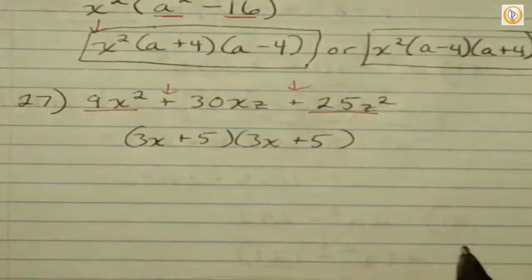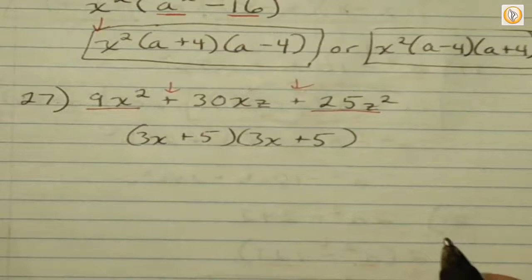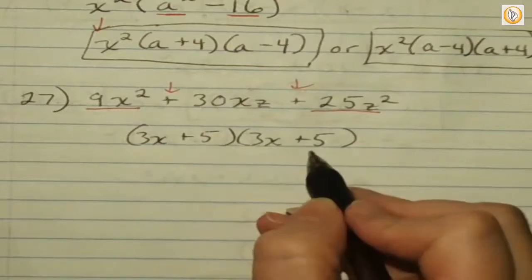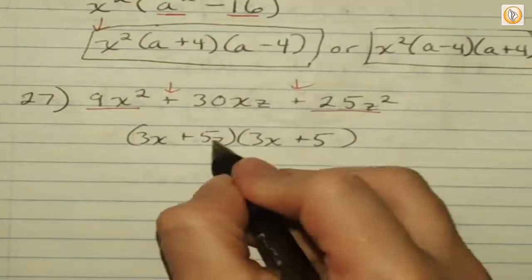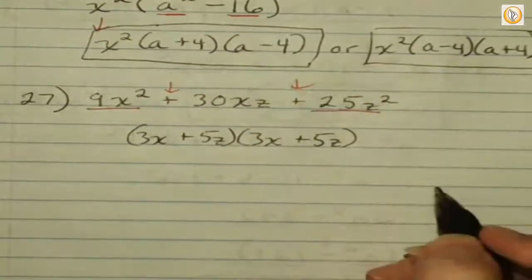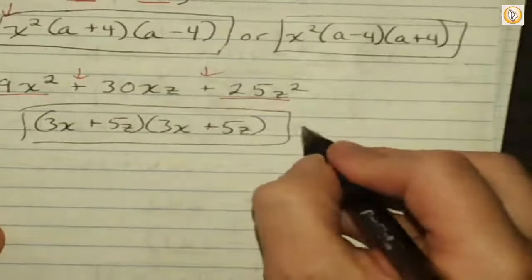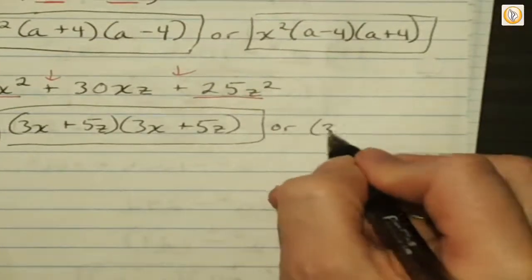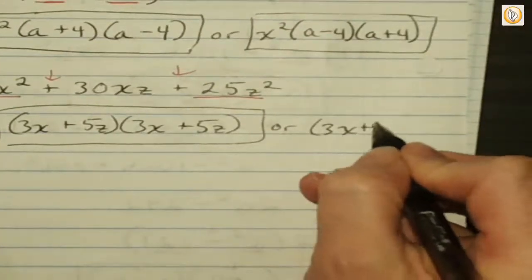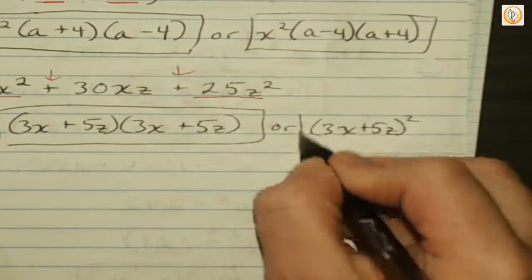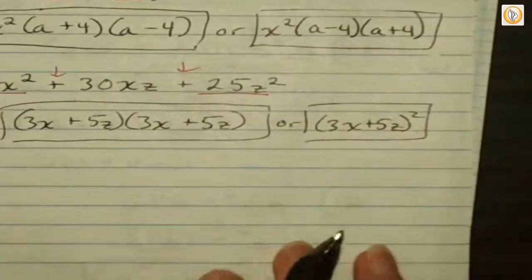You sure about that? Oh, I lied. Plus 5z. Very good. Don't forget that other one. Now, this can be your answer, and to save on time, I'm not going to check it. Or you can write 3x plus 5z squared, because they both are plus.